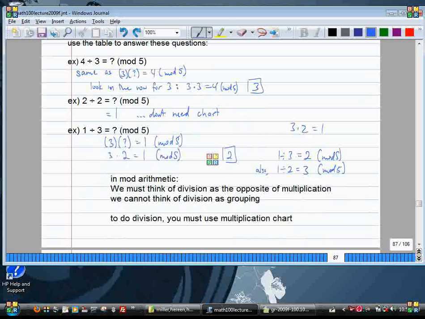If you start with, say, 12 divided by 7... or no, that's not going. 12 is not a good number.